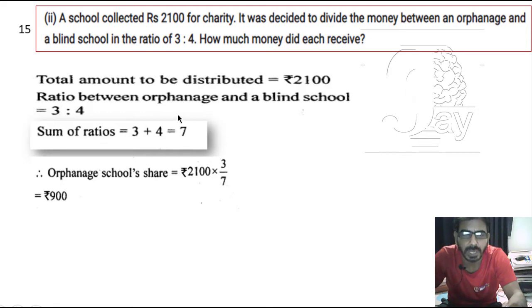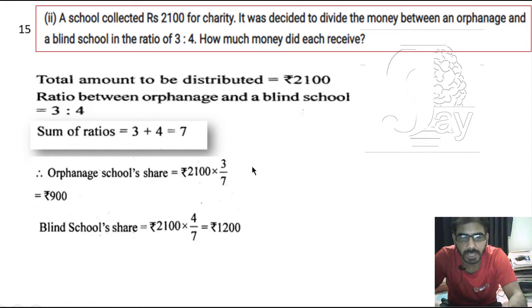So what is the part of the orphanage? That is 3 out of 7. So 3 by 7 of 2100 is the share of the orphanage. So the orphanage share is rupees 900, and the blind school share is 4 by 7 of 2100, that's 1200 rupees. So that's a very simple question.